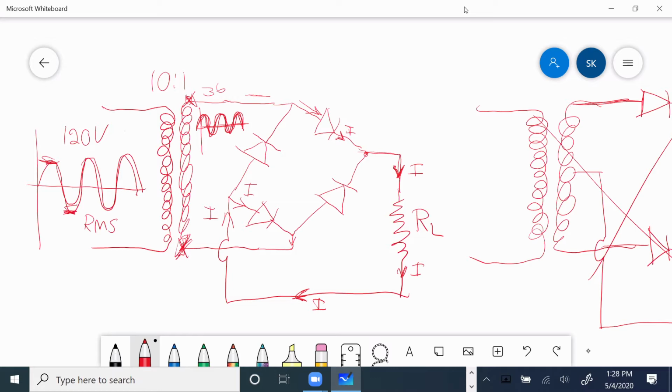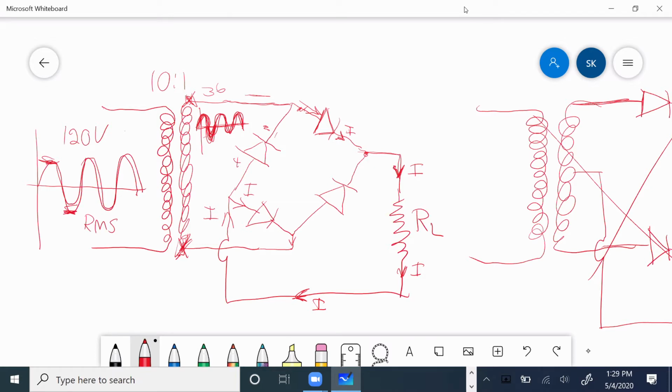Then when this goes negative, we so far discussed it when it was positive. When it goes negative, this diode will not conduct because that's negative. But this other diode will conduct, because this is negative voltage, so that must be positive.